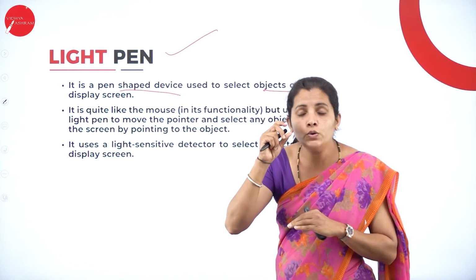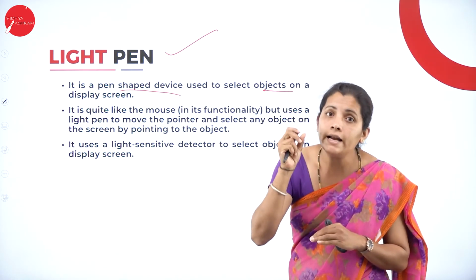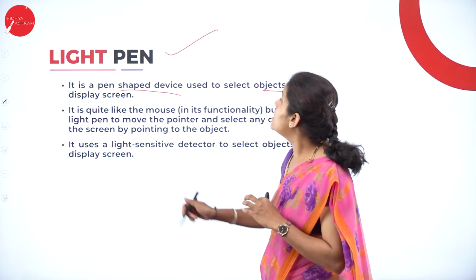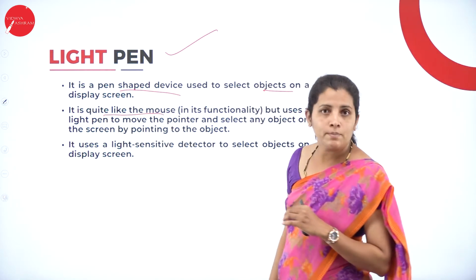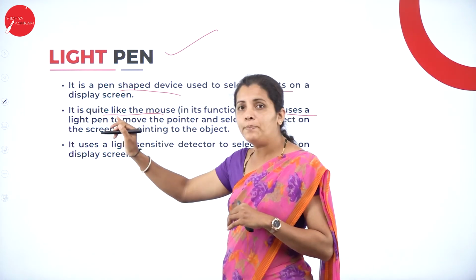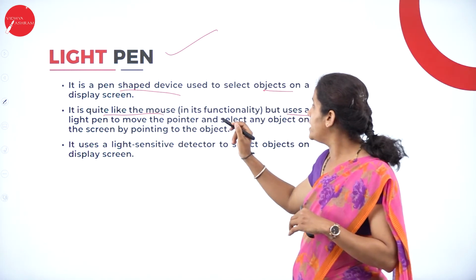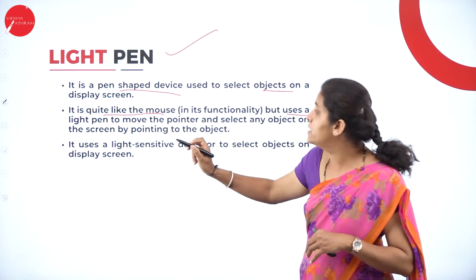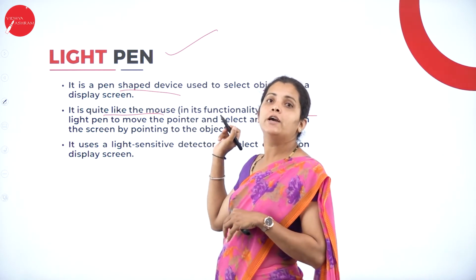They are going to use it to highlight the object. So the functions are quite like a mouse, but it uses a light pen to move the pointer and select any object on the screen by pointing to the object.